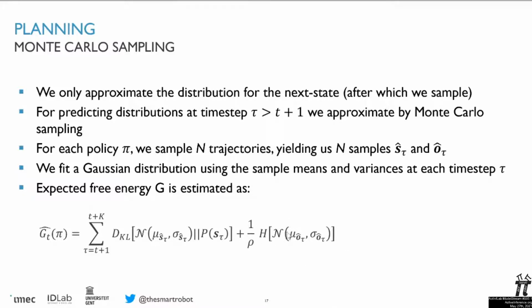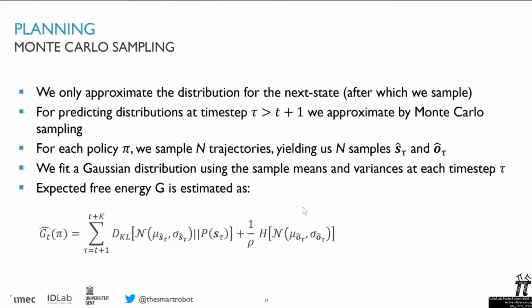So here we basically use the entropy of the observations generated in our trajectories. And we also added a scale factor rho to weigh the two terms against one another, which allows you to make an agent more risky, let's say, if it puts more weight on realizing preferences early.